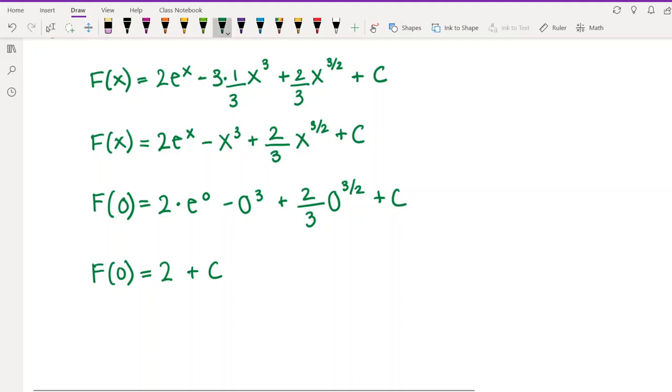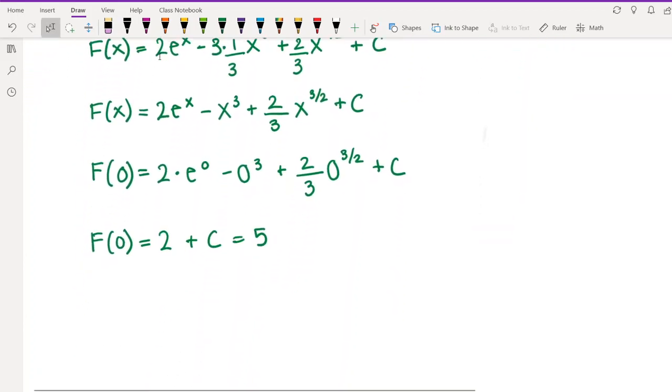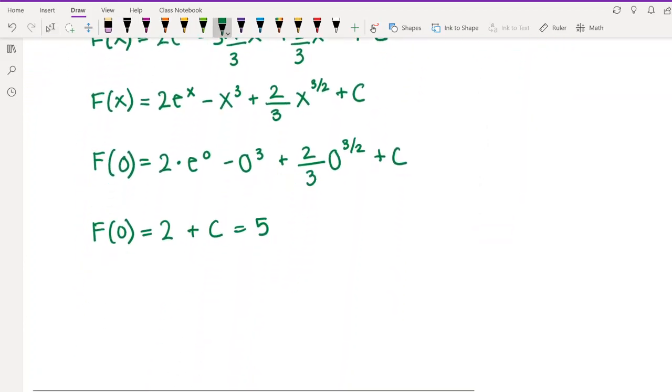And now we can set this equal to 5 because we know that f of 0 is supposed to be equal to 5. From here we can solve for c and we find that c is equal to 3. And so once we find c, we can write down our specific antiderivative.